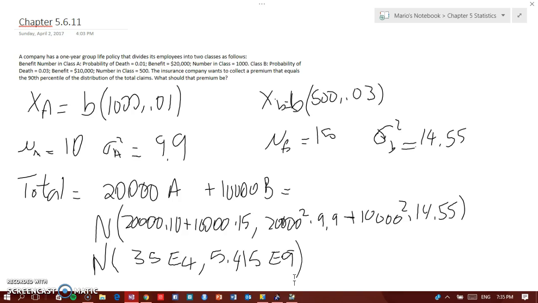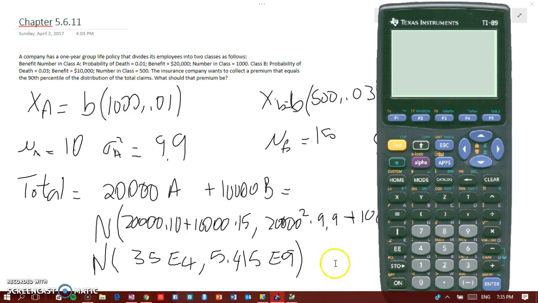That means E, or exponential. So that's the E I was talking about.